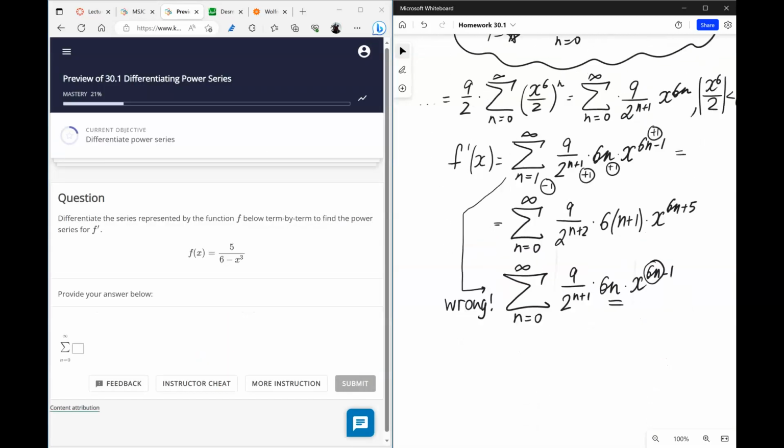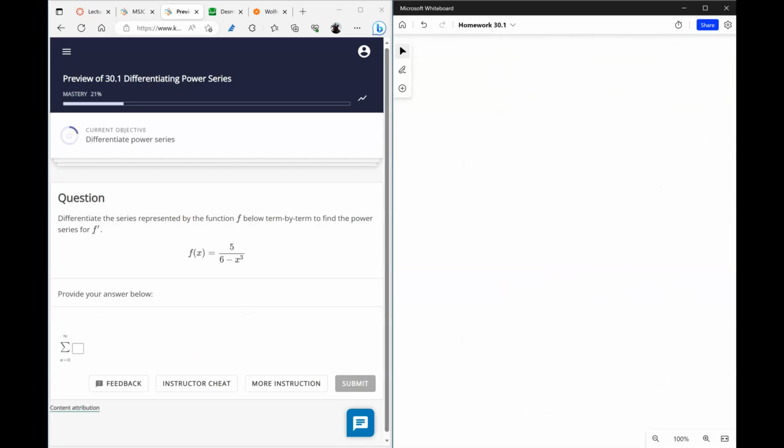All right. Another question. Same question. So step 1 is to take out 5 over 6. Then use the identity.